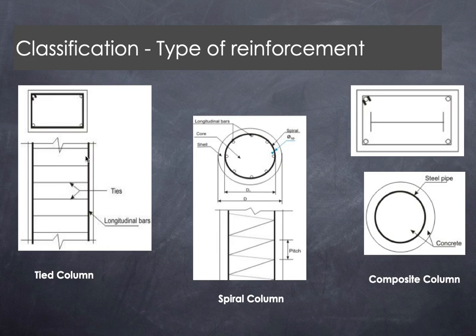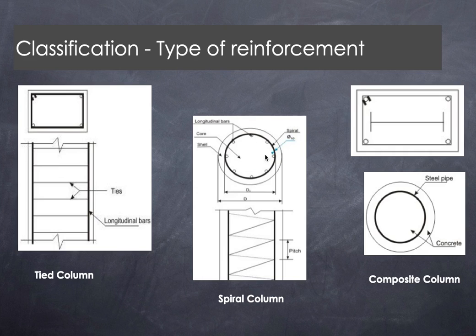So when this longitudinal reinforcement is tied up with closely spaced ties, spaced at certain distance, this transverse reinforcement makes it what we call a tied column.